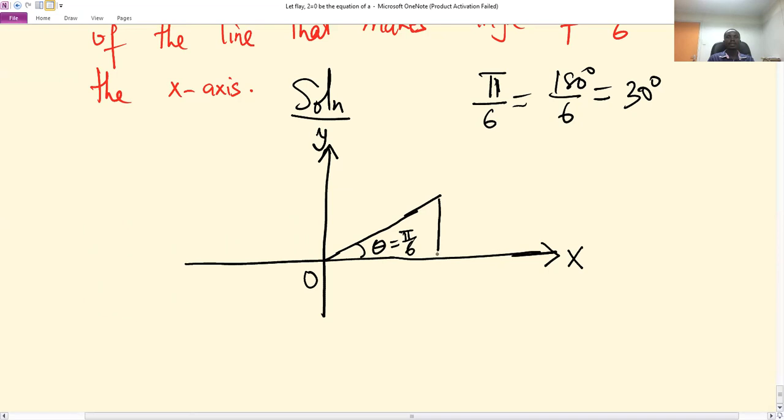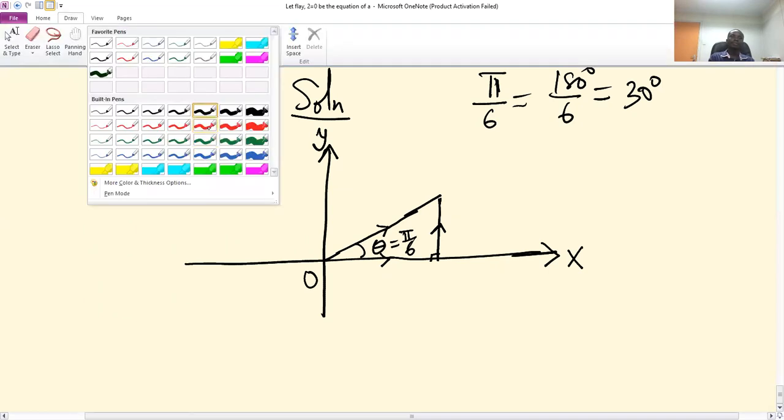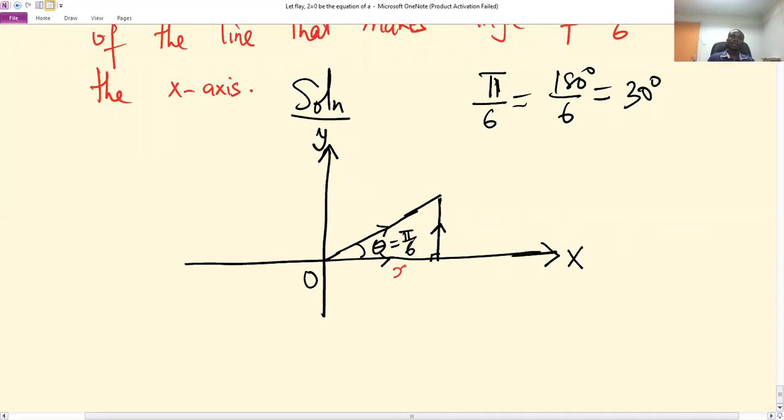So let's see the component in the i direction and the component in the j direction. You see, this is a right angle triangle. If we call this one x and this one y, the vector u has an x component and a y component.